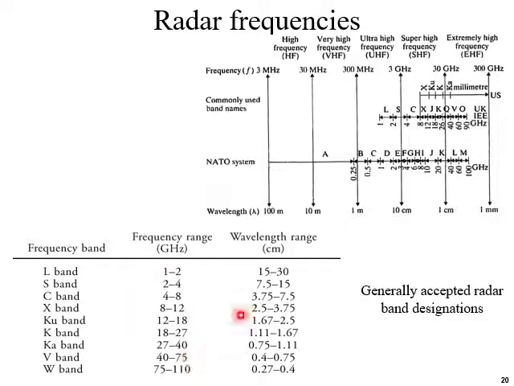So these are the standard band designations for radar, and all these bands are not useful for every kind of radar. Depending on the type of radar and the type of target that we are going to detect, we have to select the proper band of frequency.